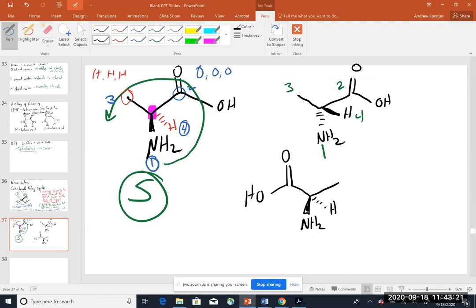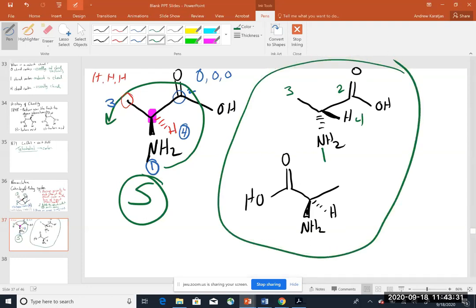Again, this is something that your model kit will help you with greatly. So these are the same molecule, but I've rotated them using my model kit. You can see now our priority goes 1, 2, 3, or R. So the opposite.